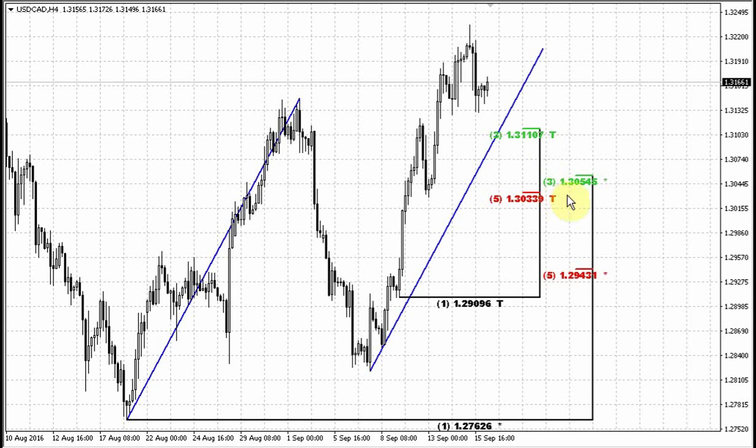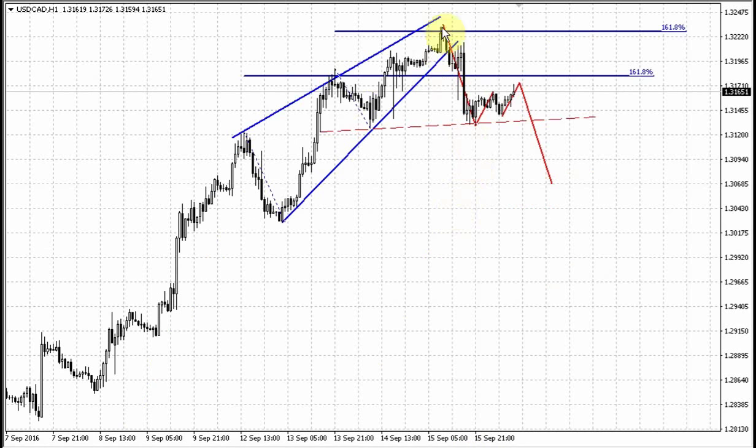Personally, I think this level is more probable, mostly due to the pattern that is forming on our hourly chart. If you take a look at the hourly chart, you can see different lines. The blue lines are the lines that we discussed yesterday. I intentionally keep them on the chart so you can recall what we said.